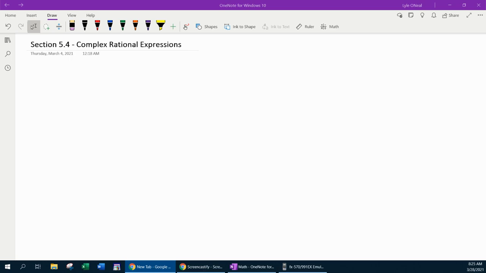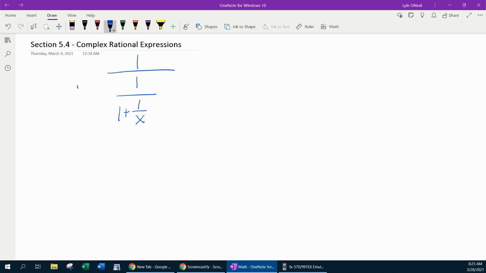Complex rational expressions. Well, the word rational in math usually refers to a fraction. Complex means, in this case, a fraction within a fraction. So what you will see sometimes is a fraction within a fraction, and sometimes within another fraction.